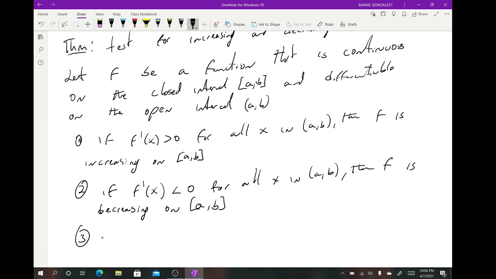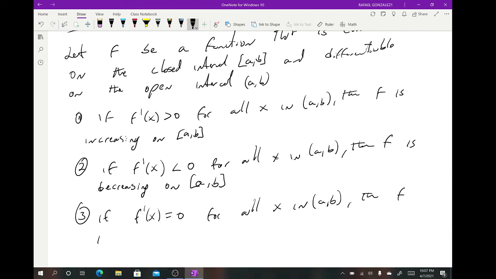And 3. If the derivative of f is equal to 0 for all x's in the open interval (a, b), then f is constant on the closed interval [a, b].